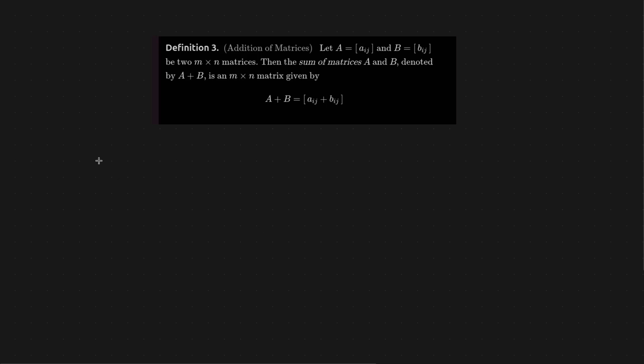So let's do a quick example. Let's take the matrix 1, 3, 5, 0, negative 2, 4, and let's add it to negative 2, 0, 1, 3, 5, 8.